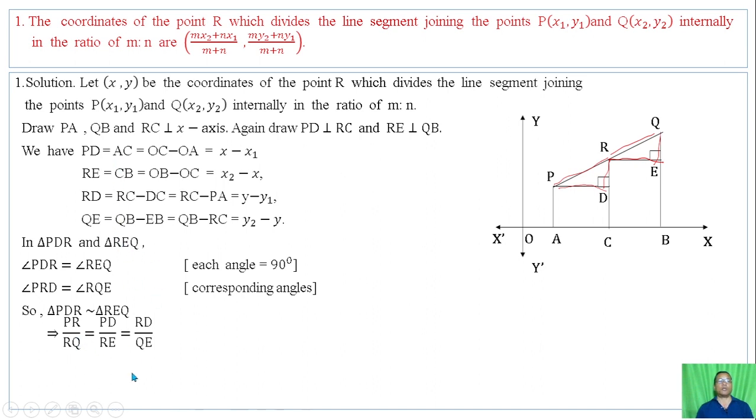Their values are already found. Putting their respective values, PR divided by RQ is equal to m:n.